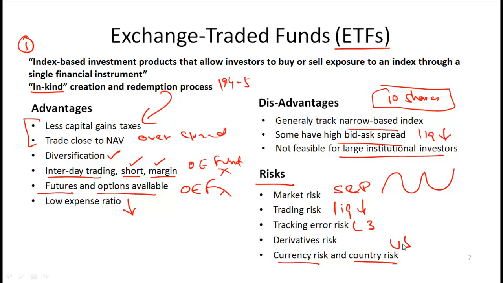So if you are a US investor and you invest in let's say an Indonesian exchange traded fund, then obviously there is the risk of the foreign currency devaluing. There is a risk associated with the foreign country in general. So those two risks are collectively referred to as currency risk and country risk.